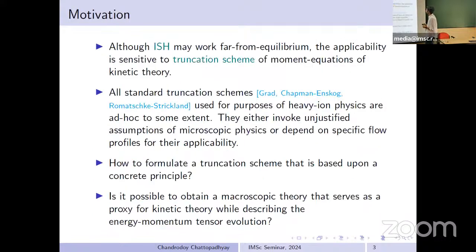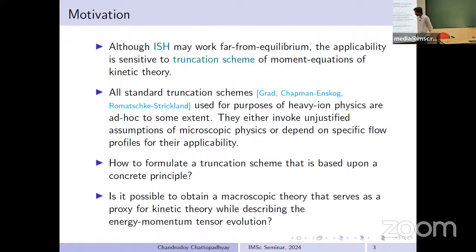However, although Israel-Stewart type theories may work far from equilibrium, the applicability is very sensitive to the truncation scheme implemented while truncating the kinetic theory from which it is derived. So all standard truncation schemes that are used.